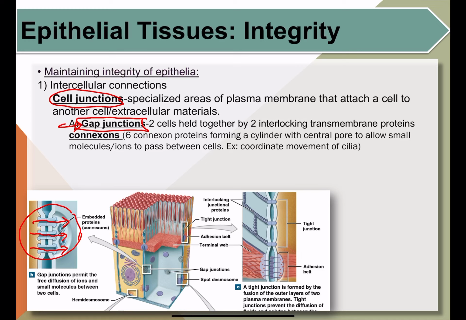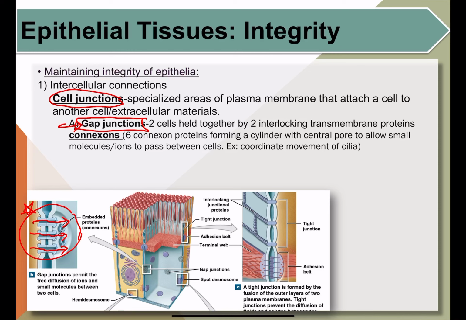Same with heart muscle cells, okay? They know when to beat in a coordinated manner due to the existence of these gap junctions that allow little messages in the form of ions to pass from one cardiac muscle cell to another. So that's why gap junctions are very critical for the function of those cells as well.